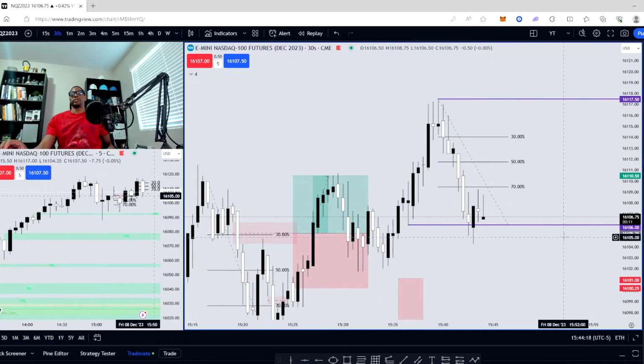Maybe we want to see it now return to the top of the range. I know it's 3:45, so it's possibly wishful thinking, but for our trade setup, that's what we want to see.